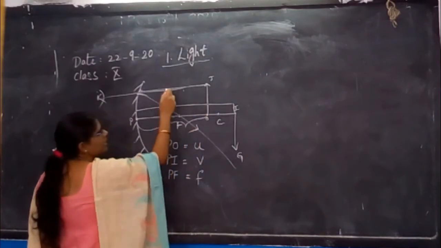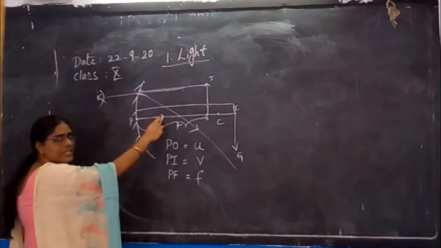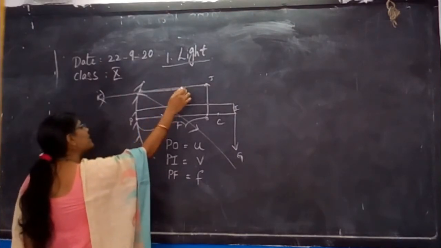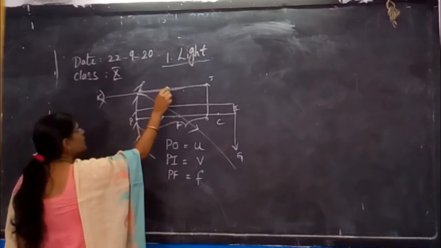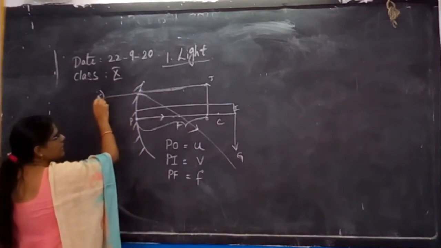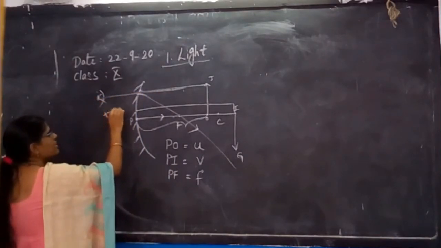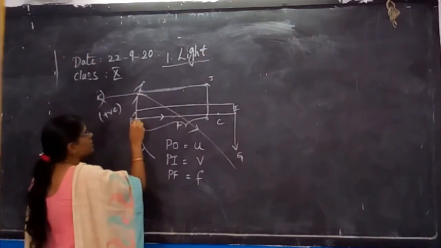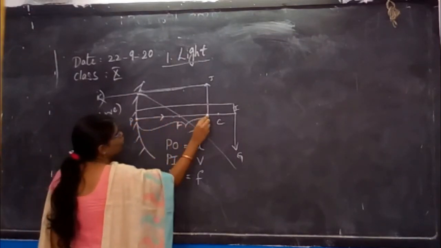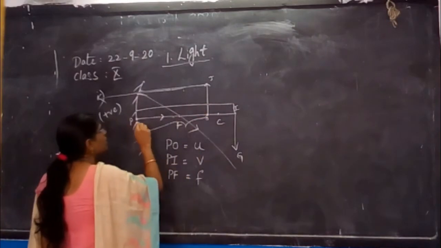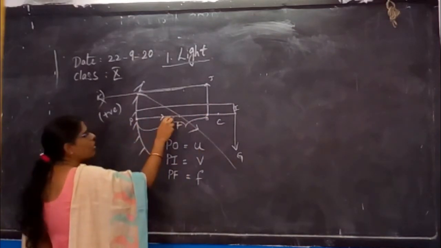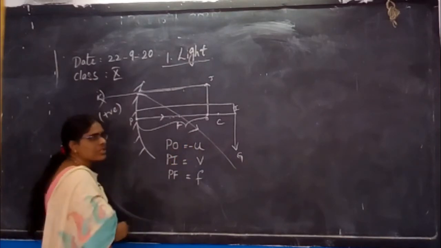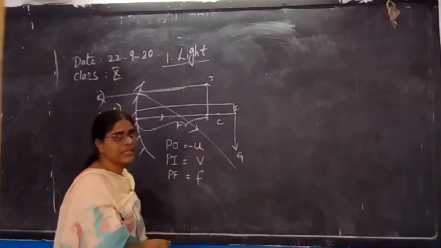Am I measuring it in the opposite direction to that of the incident ray? What I said, in the direction of the incident ray, all the distances must be taken as positive. But I am measuring from pole to the object in the reverse or opposite direction. Hence, my object distance must be taken as minus.